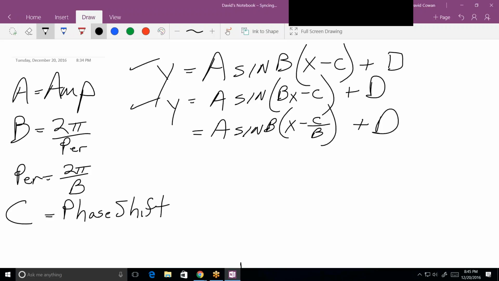Notice that equation 1 and equation 3 are the same. Equation 2 is different. So when I'm talking about the phase shift, it's very important what form they give it to you in.